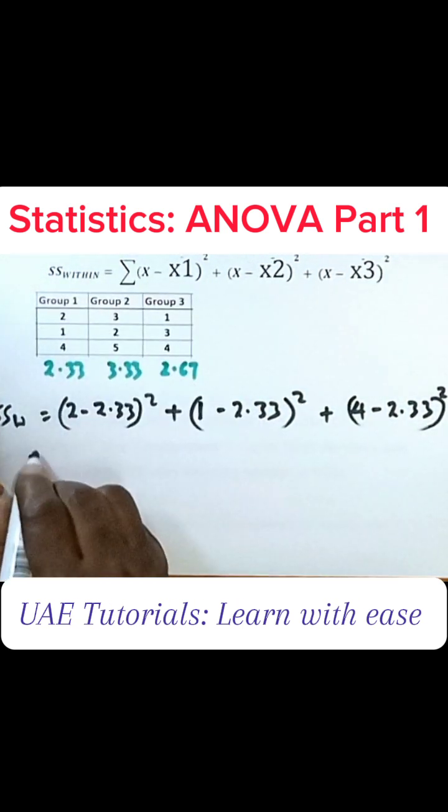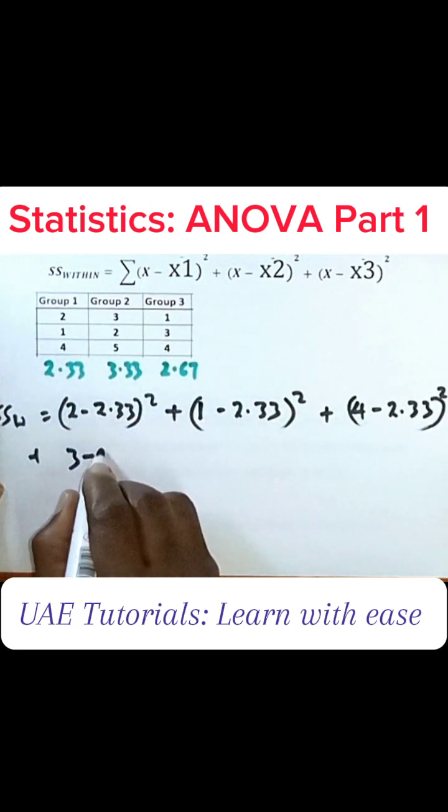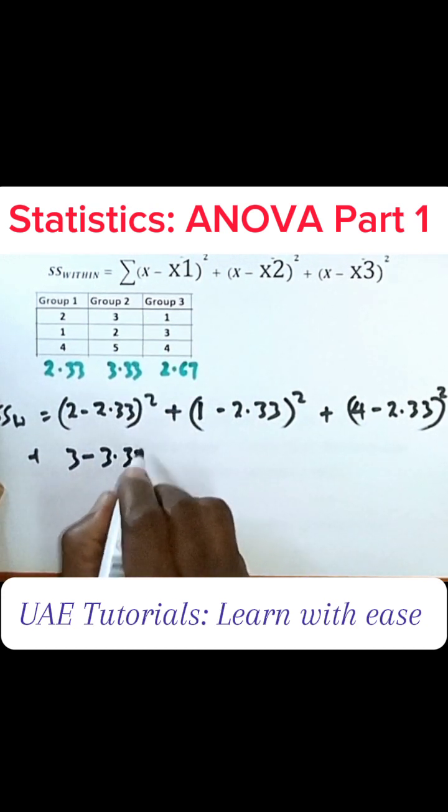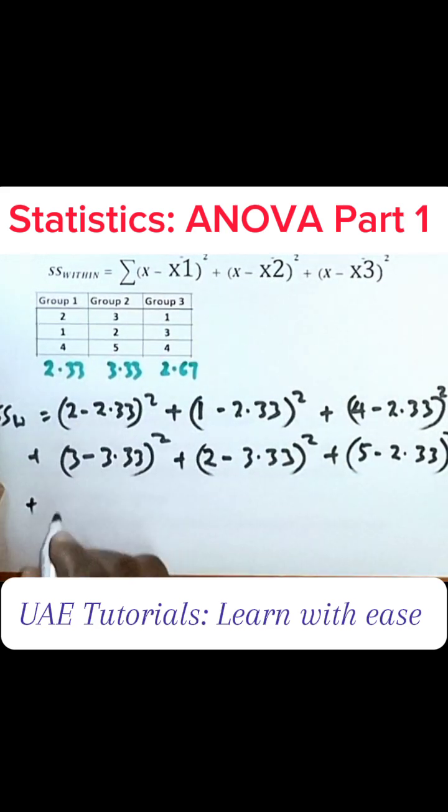Then you come to group 2, plus 3 minus the mean of group 2 is 3.33, you square it. Then I come to group 3. We'll now have 1 minus the mean of group 3 is 2.67.